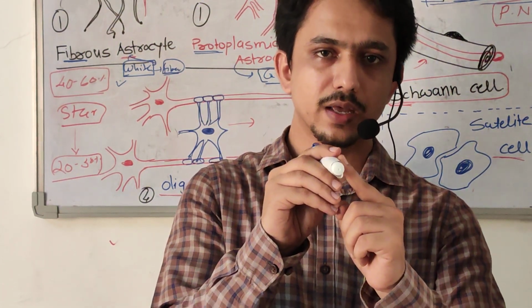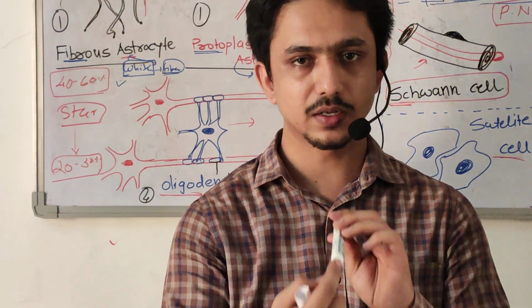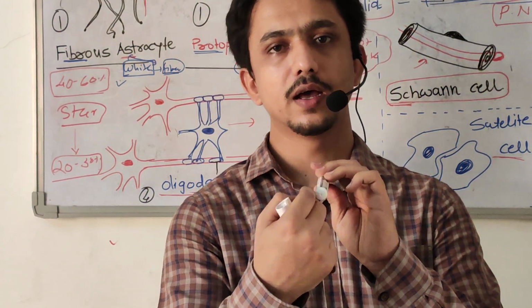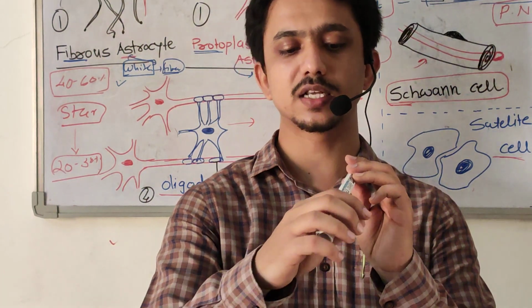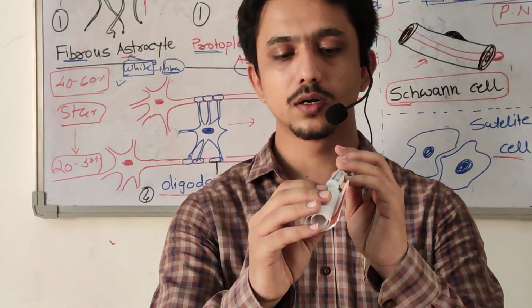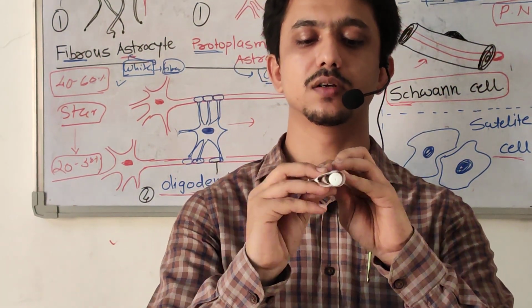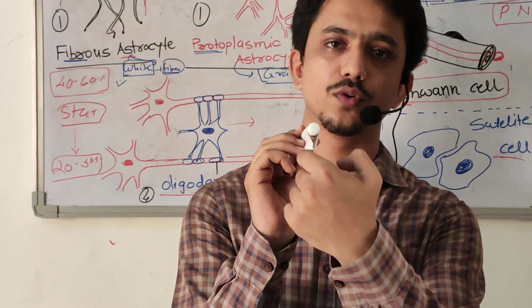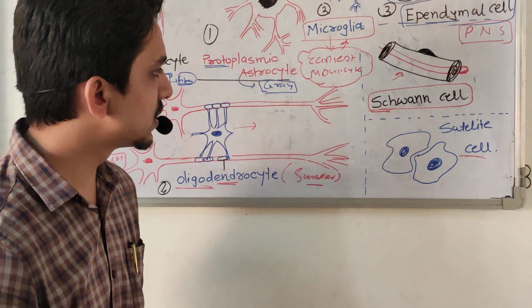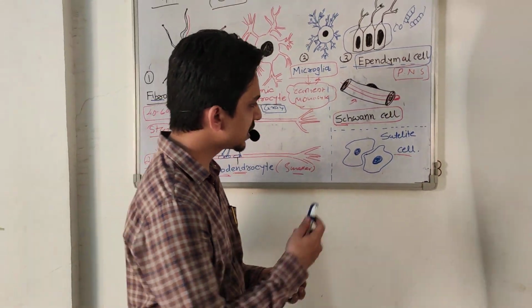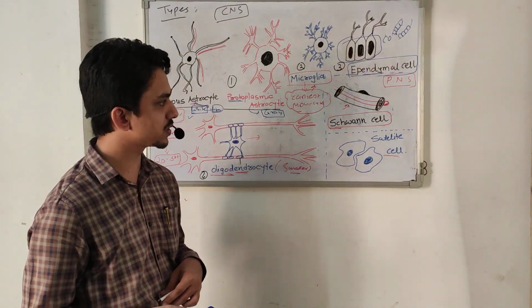Okay, because the axon has two membranes. One inner membrane is the axoplasmic membrane, and it is surrounded by myelination, multiple folds of Schwann cells. So this is about the Schwann cells. Now satellite cells; very little information is available for satellite cells.